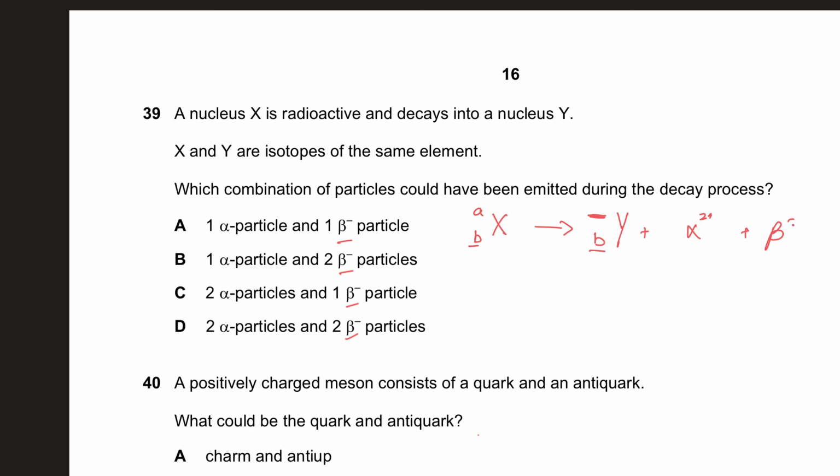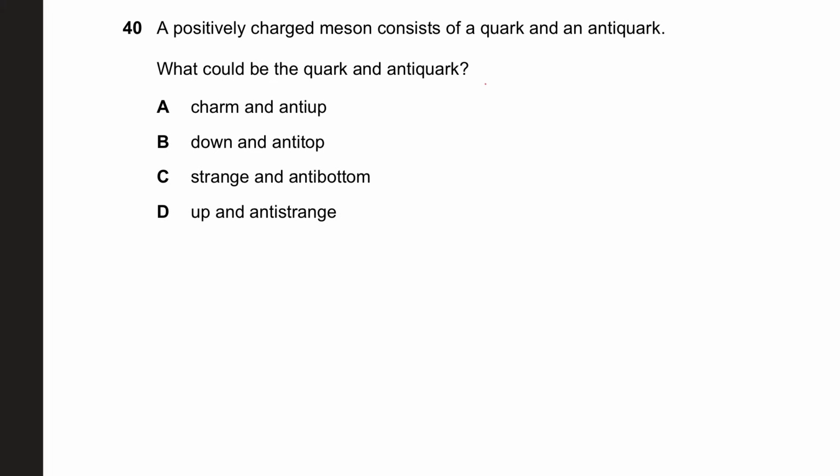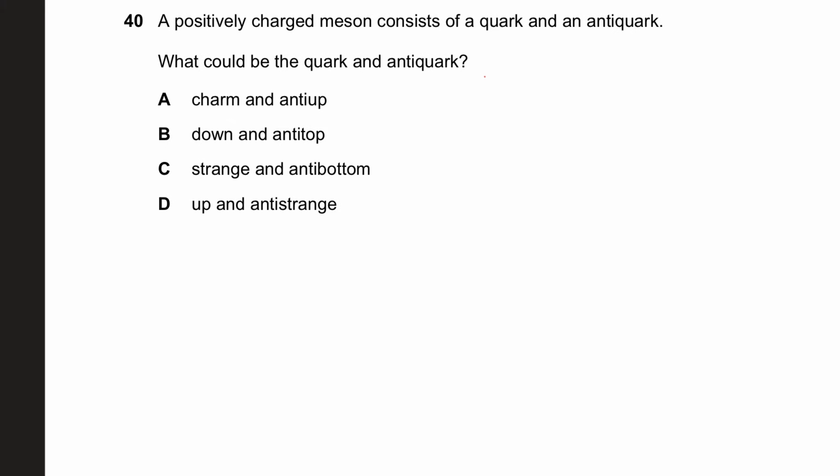The only way this could happen is if you have one alpha particle and two beta minus particles, and that would result in the same number of protons, and X and Y would end up being isotopes. This is option B.